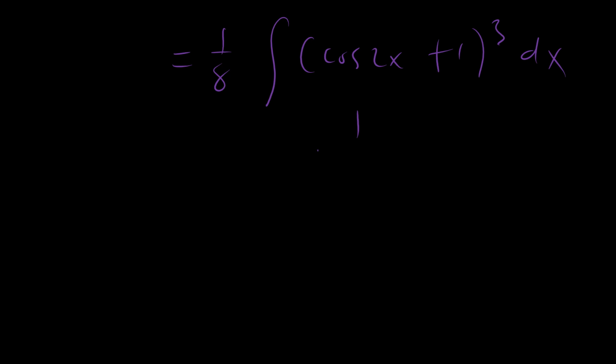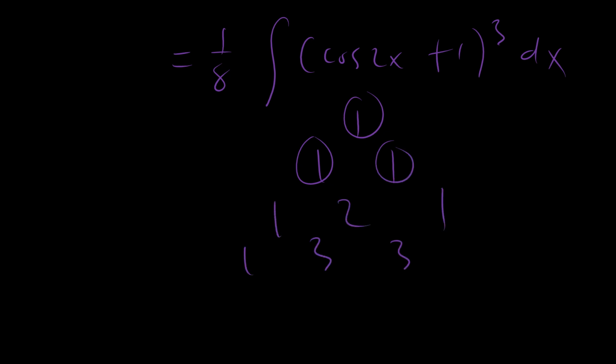Using Pascal's triangle, when we have to the power 0, we get the constant 1, power 1, we get 1, 1, power 2, 1, 2, 1, power 3, 1, 3, 3, 1.